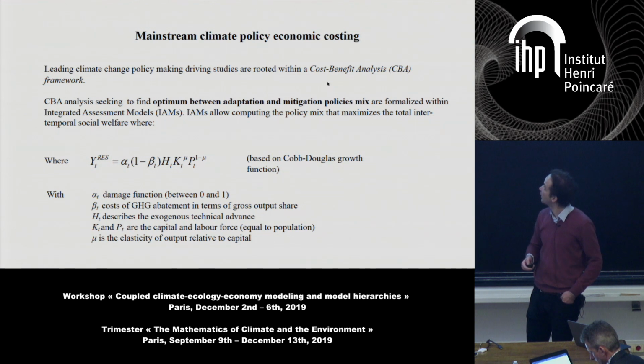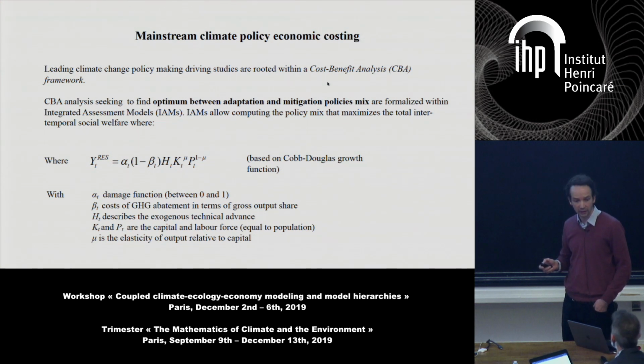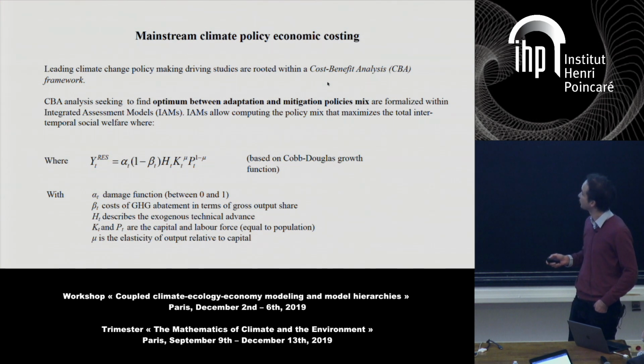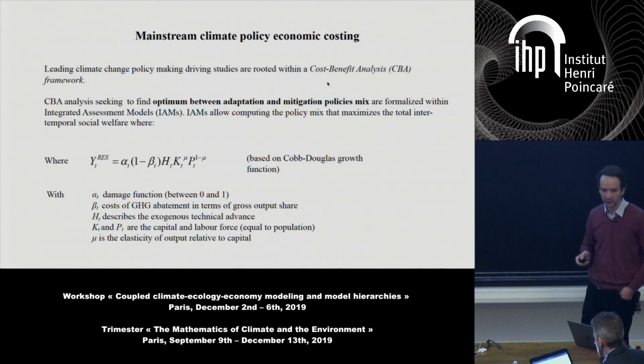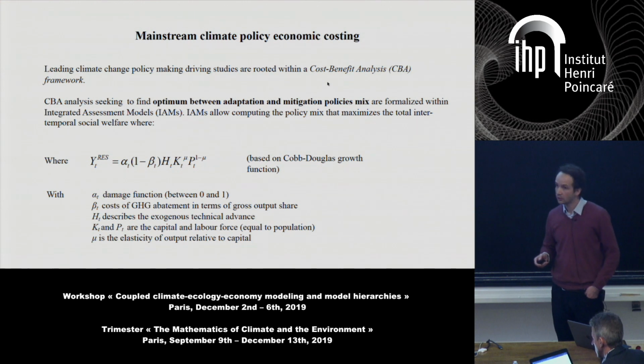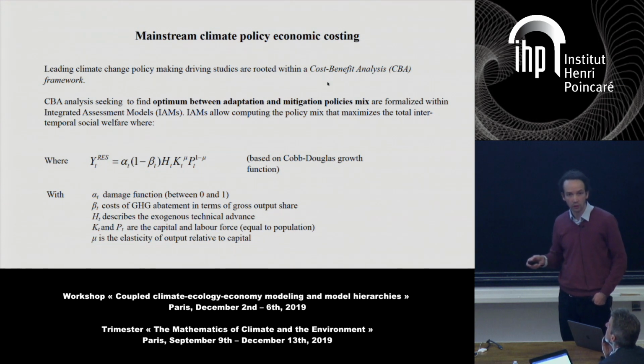So damage functions have been used in very high-profile studies, such as the Stern review on climate change, or in the DICE model of Nordhaus that Tim just mentioned. What happens in these frameworks is to take a production function.